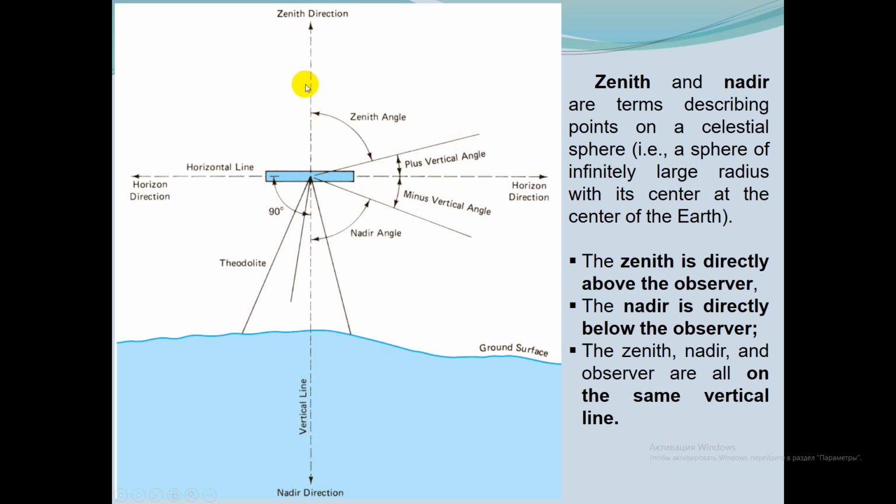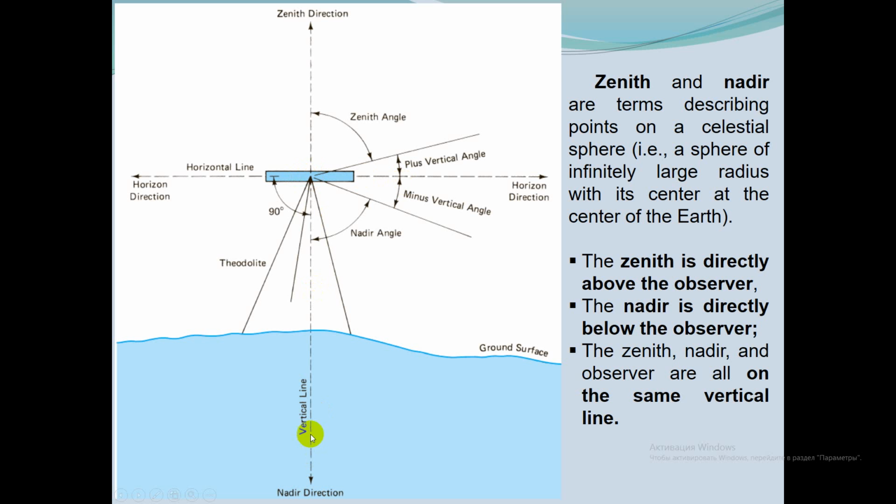The zenith angle or nadir. Zenith and nadir are terms describing points on a celestial sphere, a sphere of infinitely large radius with its center at the center of the Earth.